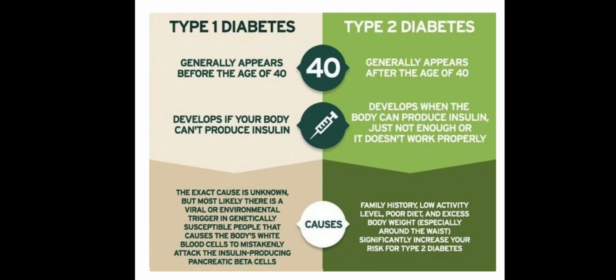And who is facing this problem? Basically, in type 1, children and young people are facing this disease, and type 2 means aged persons, I mean more than 40 or so, who are facing this kind of problem.